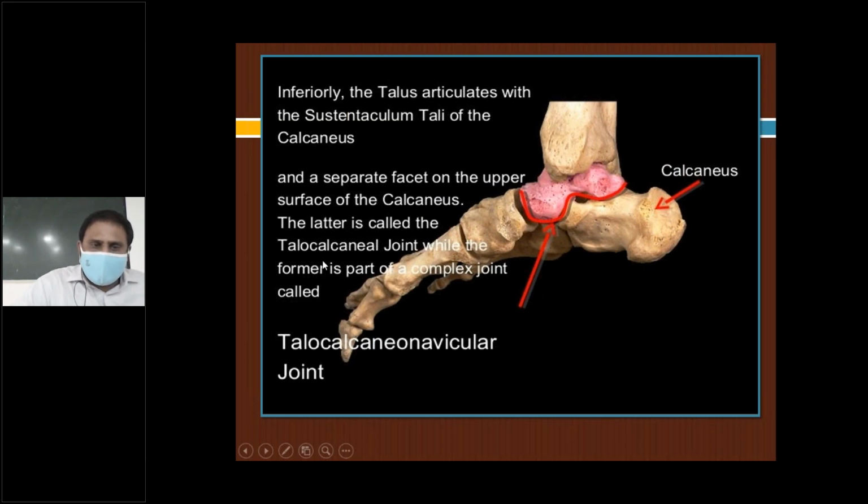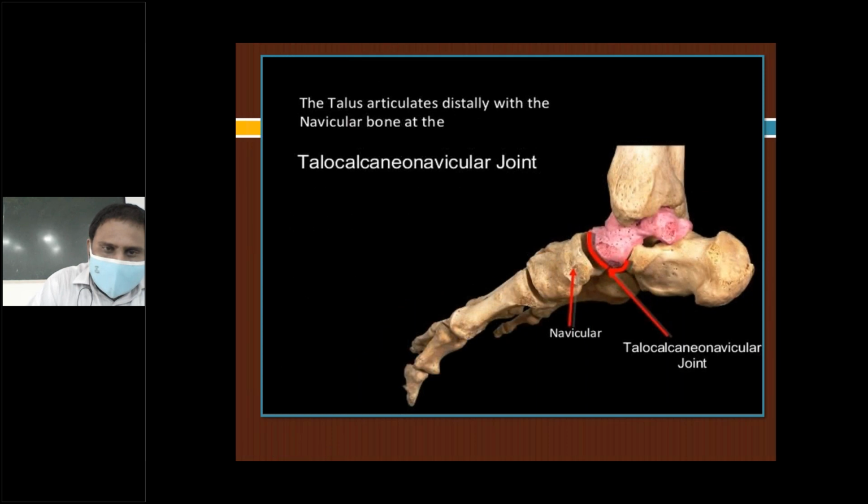The latter is called the subtalar joint, while the anterior parts form a complex joint called the talocalcaneonavicular joint. Three bones participate here: talus, calcaneus, and navicular.